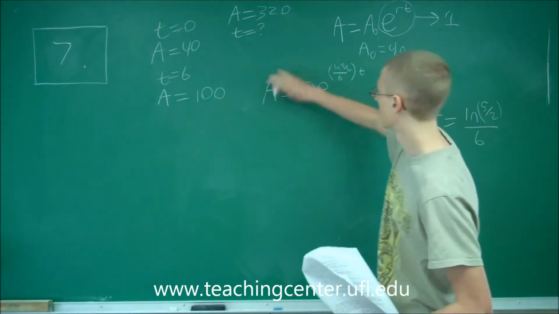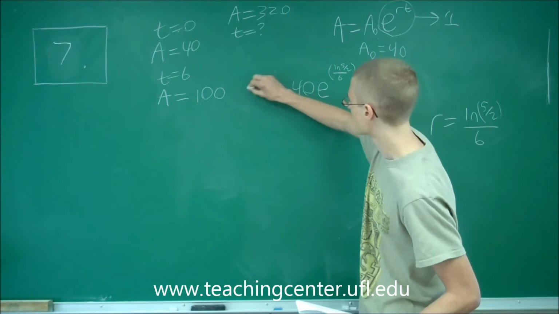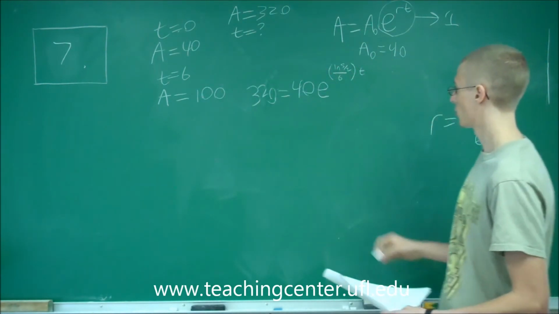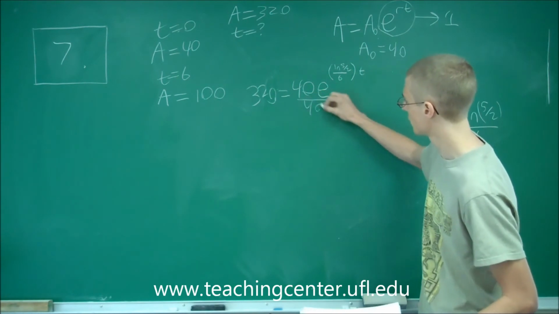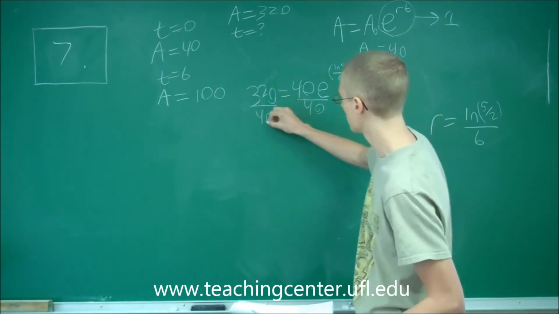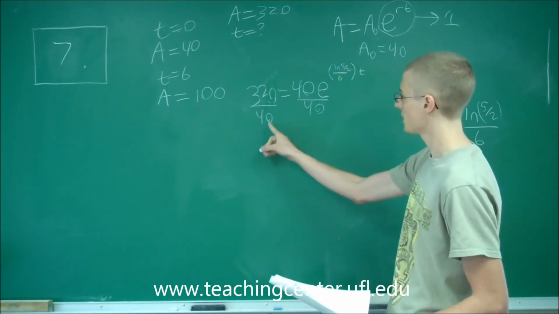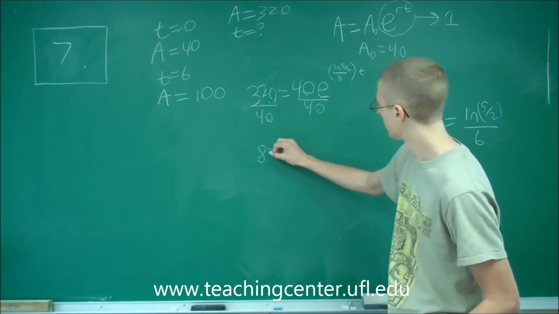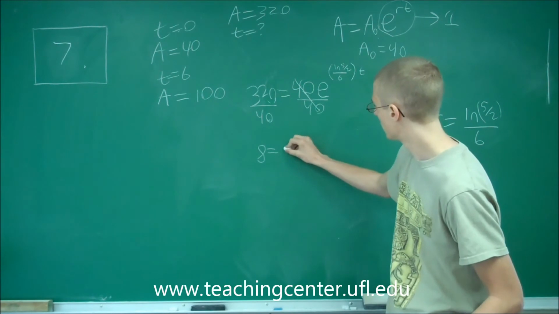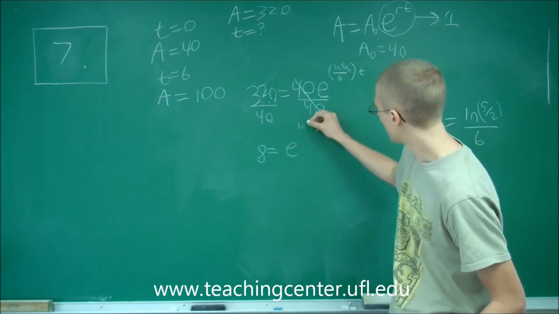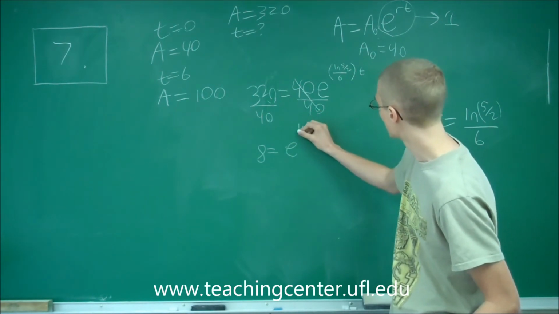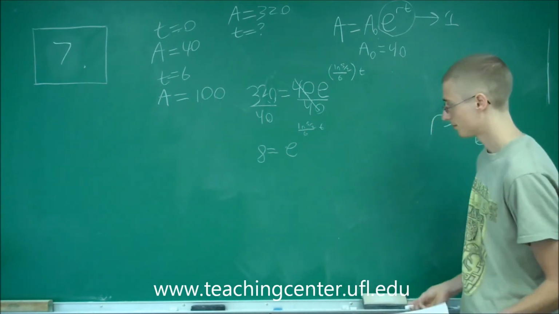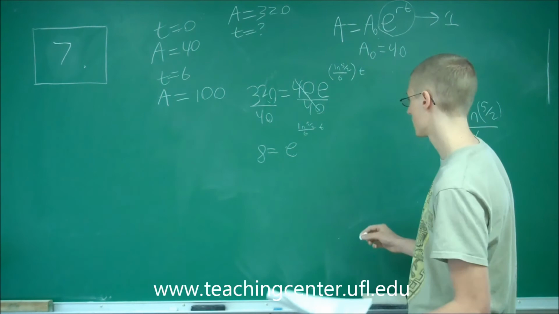Our A equals 320, and we want to find t. So divide 40 over to the other side. It's the first thing we do. And 320 divided by 40 is going to give us 8. Next thing we want to do is get rid of this e. So take the ln of both sides.